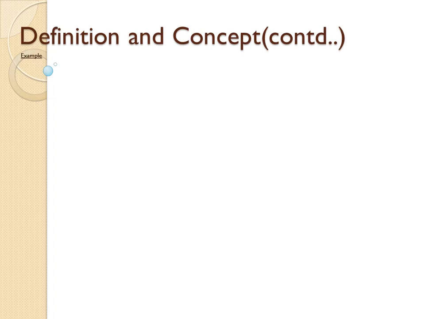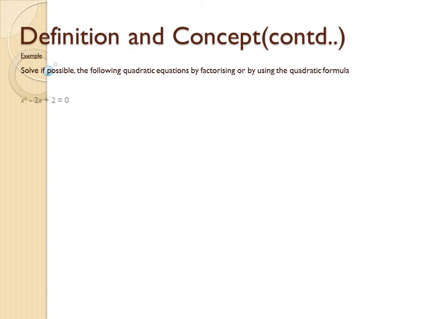In the next example, solve, if possible, the following quadratic equation by factorizing or by using the quadratic formula, whatever you wish: x square minus 2x plus 2 equal to 0. So using the quadratic formula, I can get x equal to minus b plus minus root over b square minus 4ac by 2a.